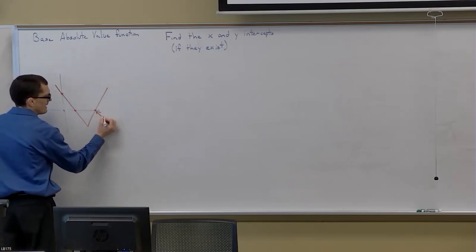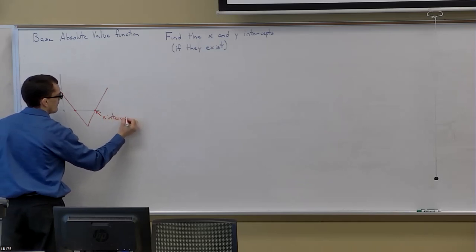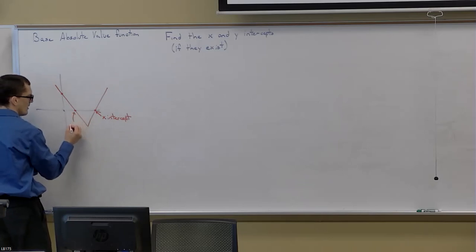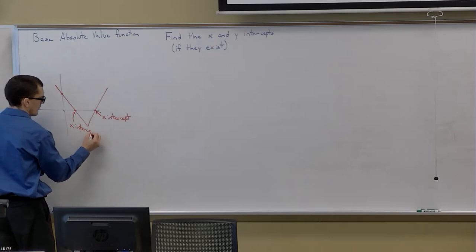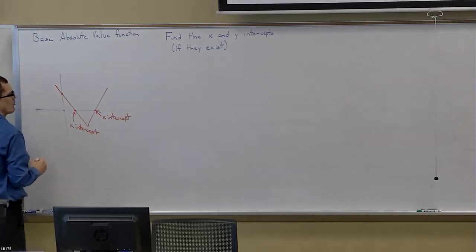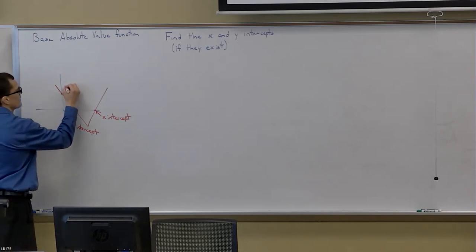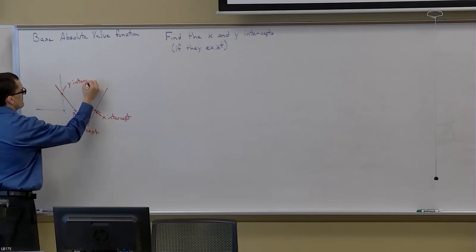So the point where our function hits the x-axis is called the x-intercept. In this case, the way I drew it, this one has two x-intercepts and one y-intercept.